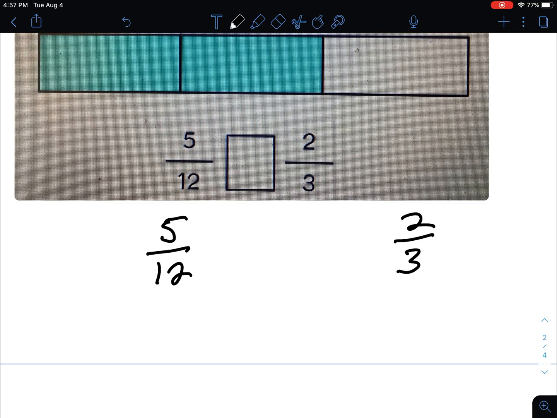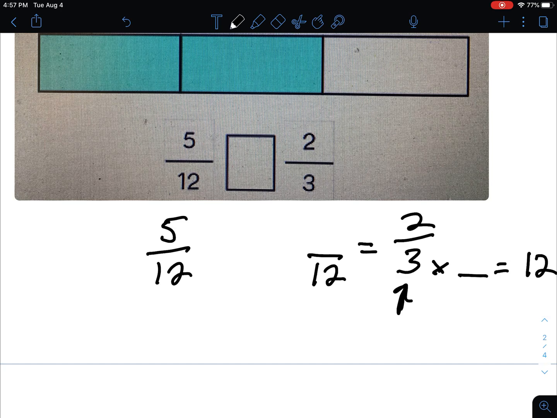So most of the time, you want to take the smaller denominator and ask that question. What could I multiply 3 by to get 12 so that I have the same denominator? Because I want to find an equivalent fraction to 2/3.